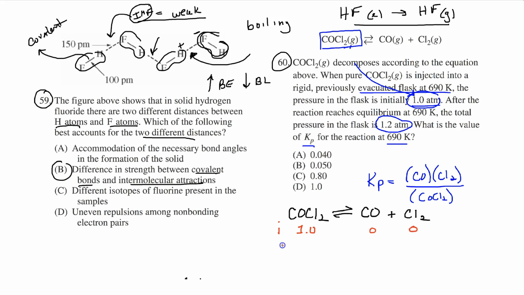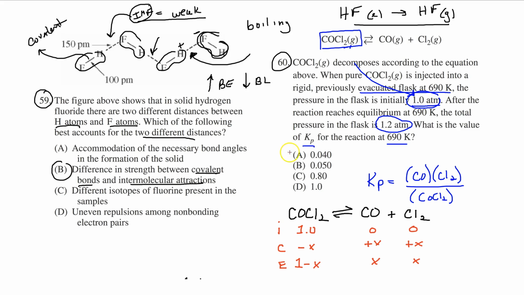The change is we're going to lose something, right? It's going to go forward because it's going to make some products, so this is going to be plus x, and what we're going to get at equilibrium is 1 minus x, and this will be x and x. Okay, all right, great, but what's x?